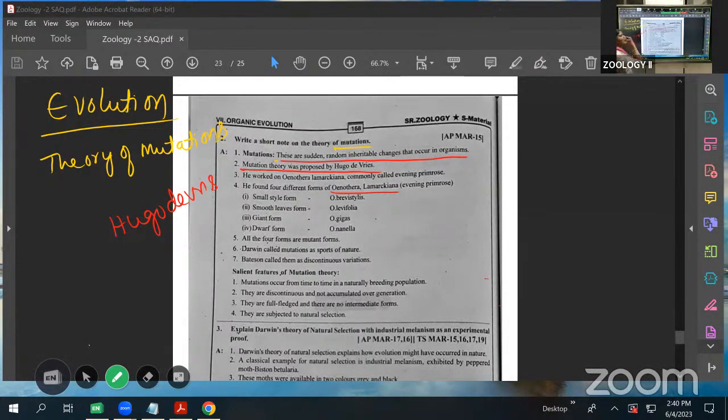He found four different forms of Oenothera lamarckiana. Some have small styles, some have smooth leaves, some are bigger plants called the gigas form, and some are smaller plants that we call dwarf. Oenothera lamarckiana is the only one plant. In that plant, some changes occurred. With those changes, four different forms were formed.